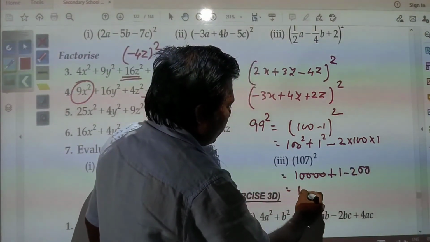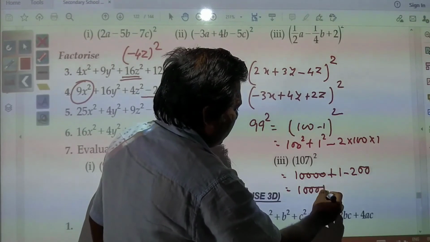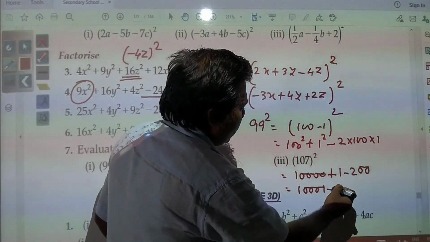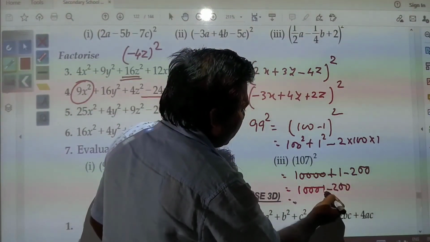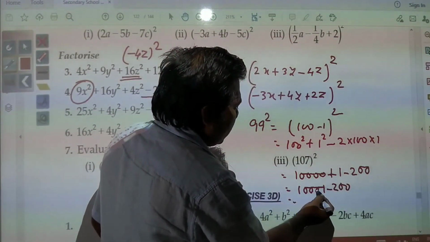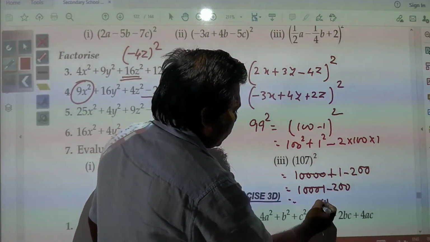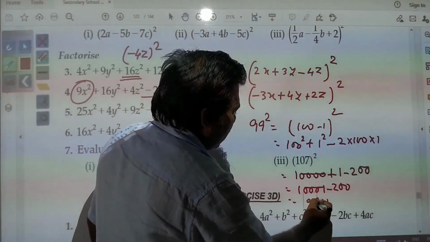So this will be 10001 minus 200, and you subtract: 1 minus 0 is 1, 0 minus 0 is 0, 10 minus 2 is 8, this will be 9, and this will be your answer.